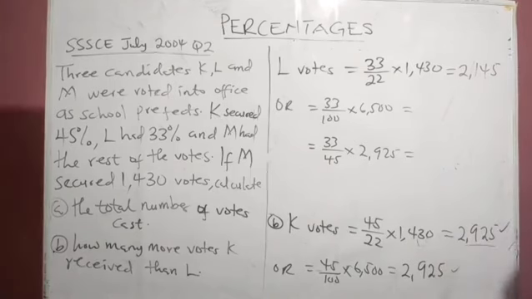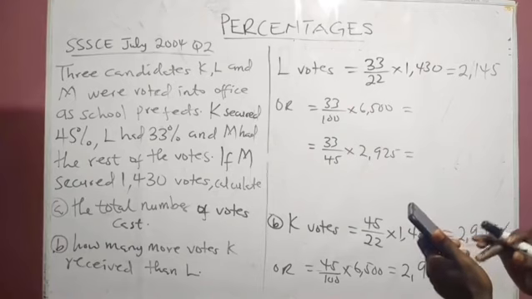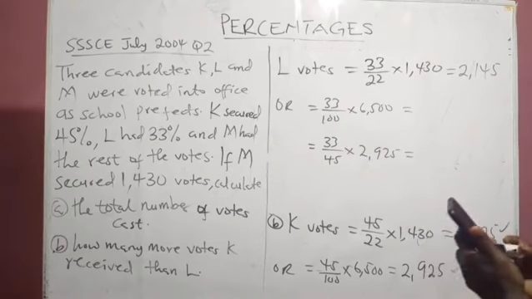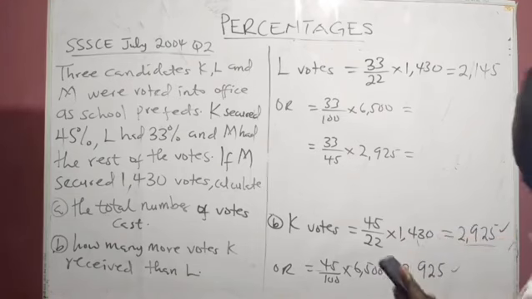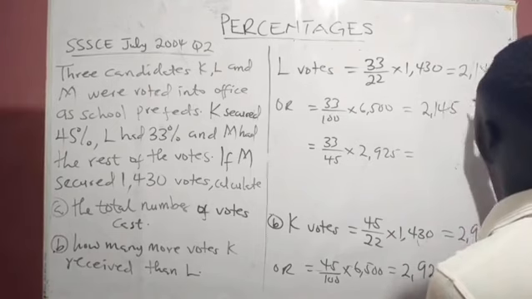2,145. Alright, let me try this too. 33 divided by 100 times 6,500 is the same as 2,145.